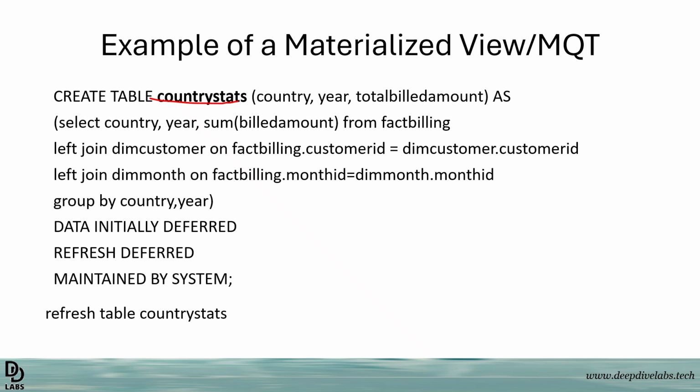And this is the materialized view that you are creating. And then you can refresh. So in a Postgres database, you can refresh this table, country stats, manually, right? So that it will go and fetch data from that particular fact table, etc. Then you can query, you can do select star from your country stats and do further analysis on it.